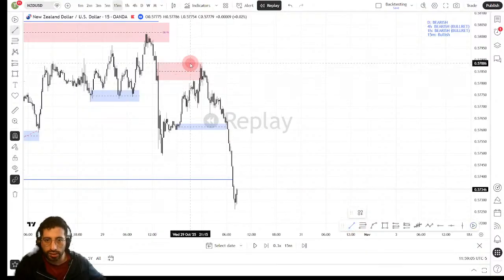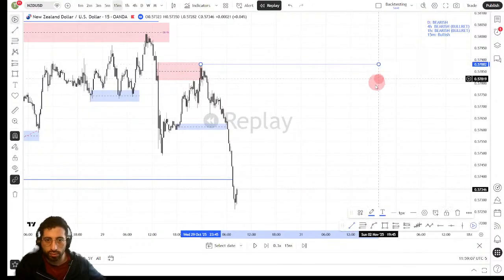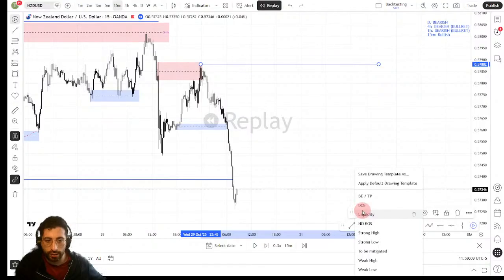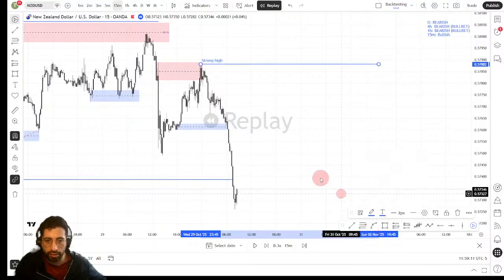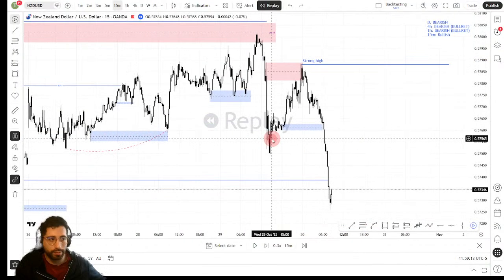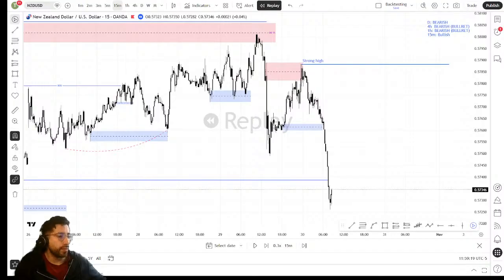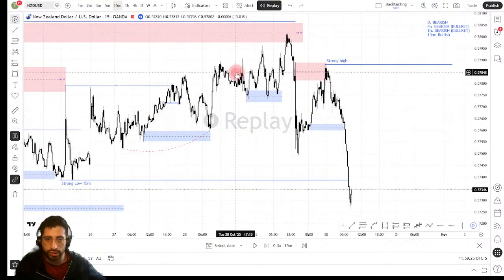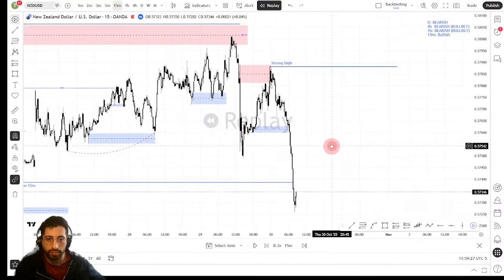This is now our strong high. And if you remember from the first 5 minutes of this live session, I explained to you how the price would react after a breakage, and this is actually what the price has done: bullish impulse, breakage, period.